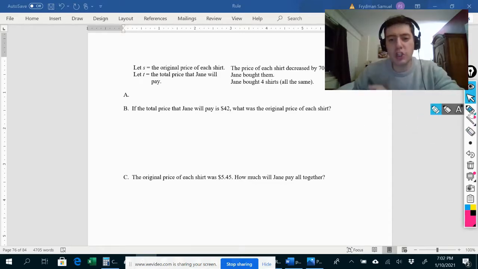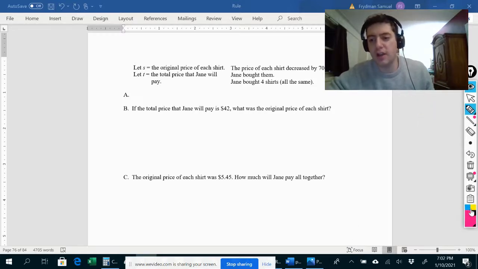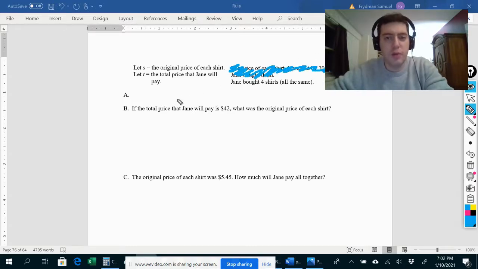Now, if we just had that information, let's say that S is the price of each shirt and T is the total price, and she bought 4 shirts, and let's ignore this sentence for a second. Well, then the equation would be pretty simple.